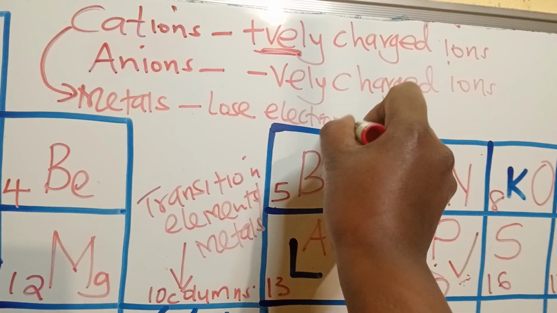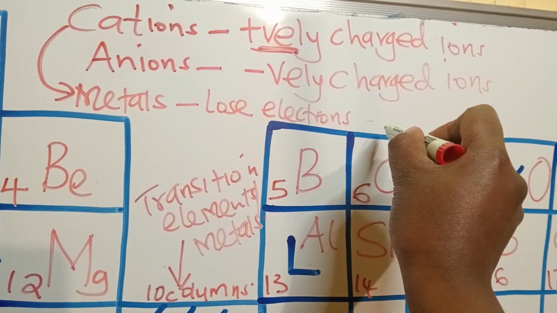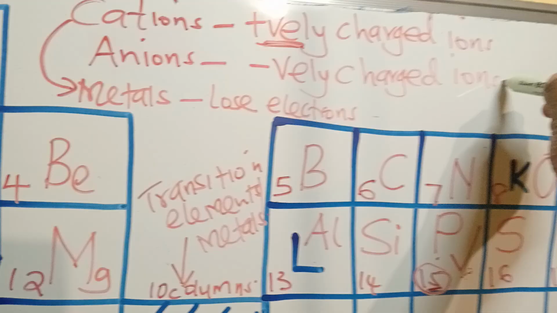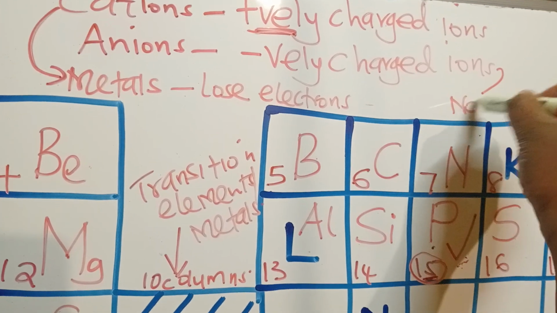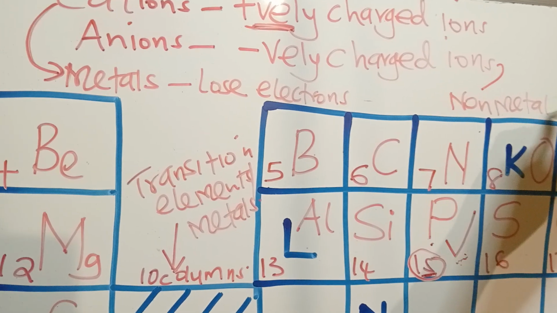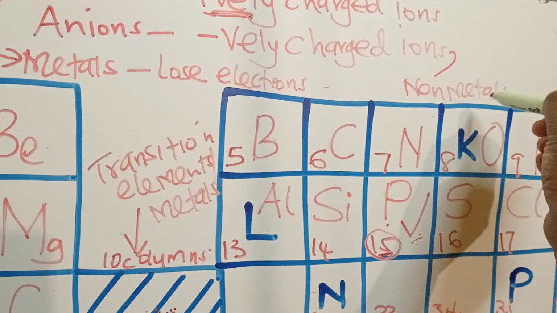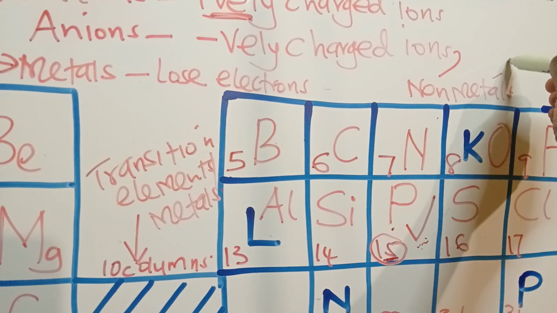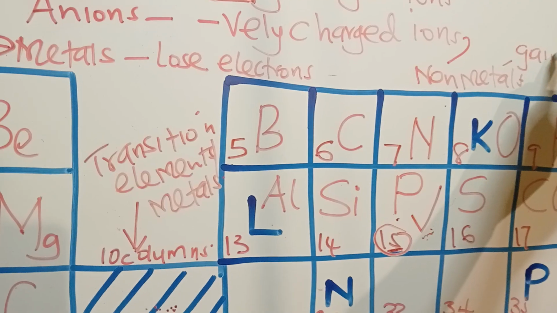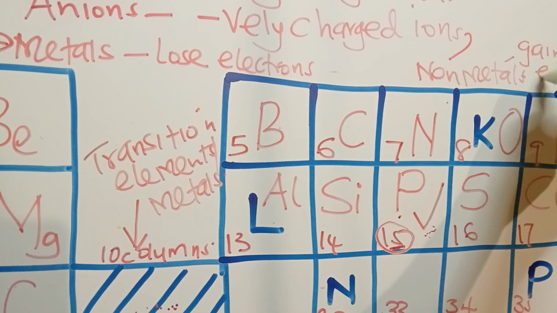They usually lose electrons when they are reacting. Anions usually come from nonmetals, and it means that when you're dealing with nonmetals, they usually react by gaining electrons.